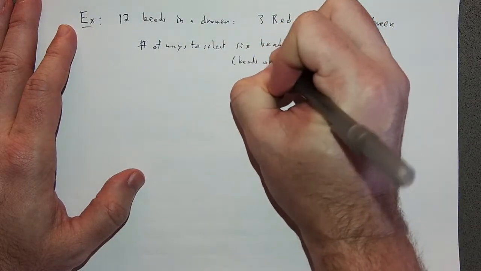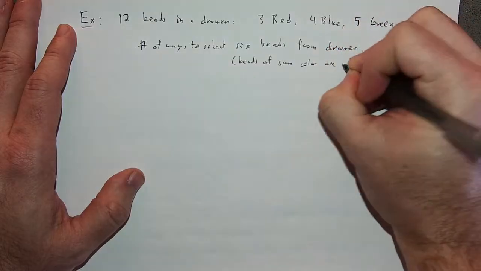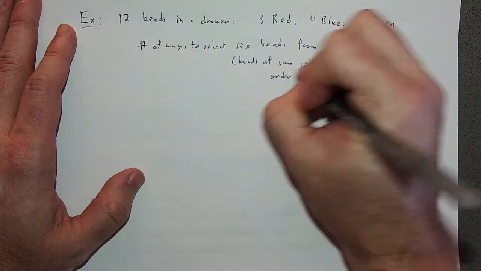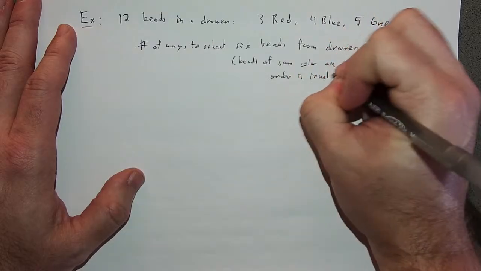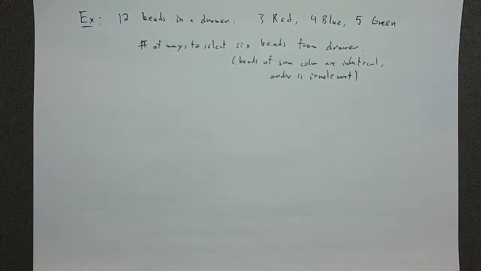So beads of the same color are identical. Order is irrelevant. That's important because these are not marked beads, they're not labeled. There's not red 1, red 2, red 3, green 1, green 2, green 3, and so on.